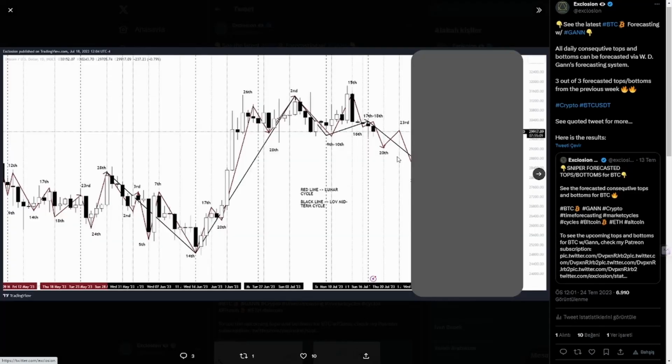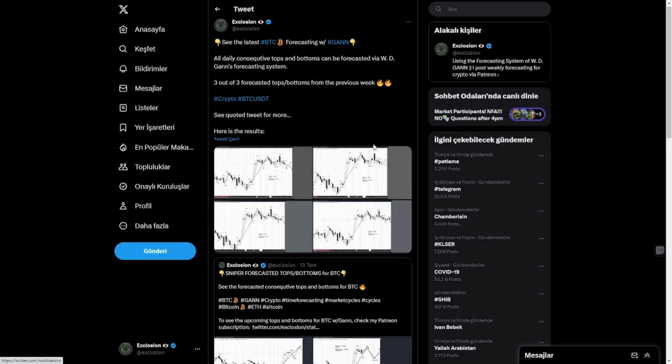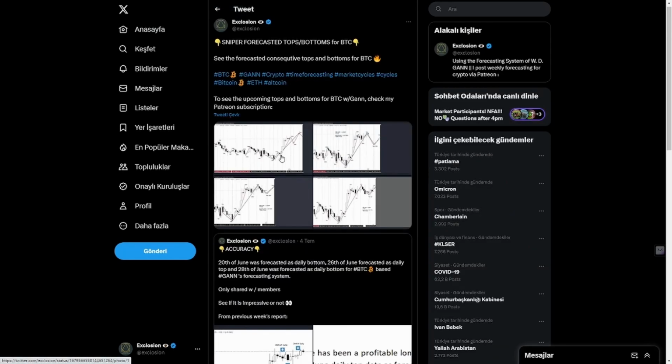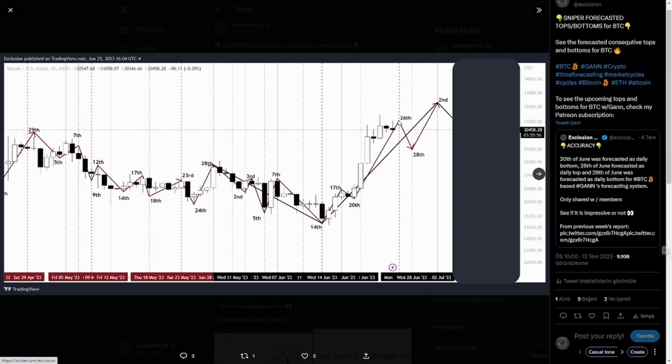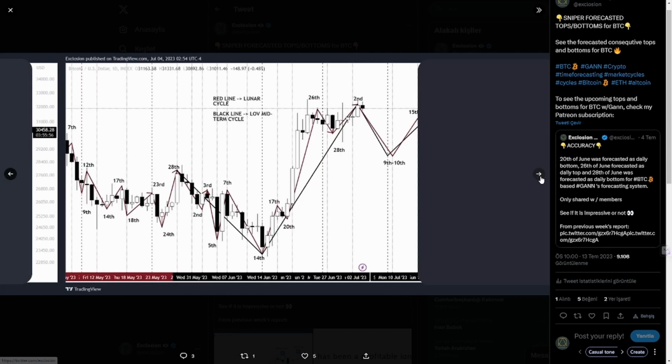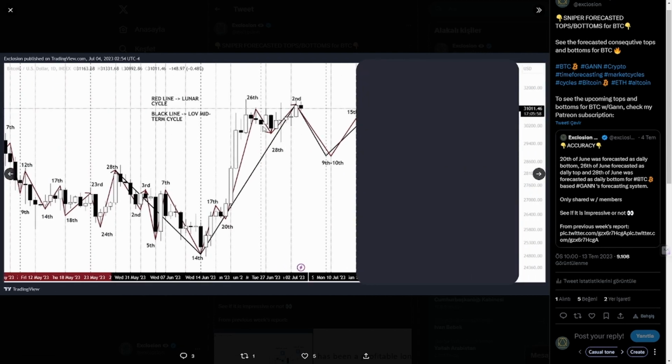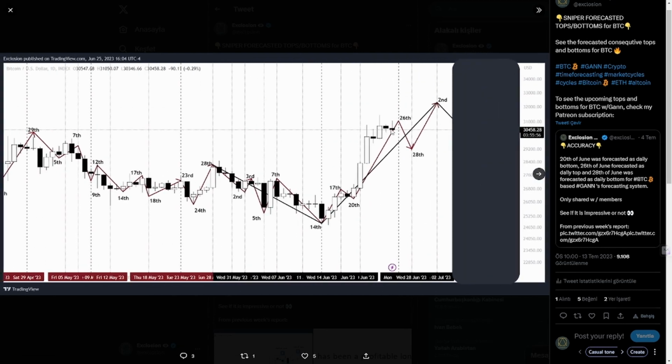And this is another pinned quoted tweet. Let's look at this first. These are the forecasted dates. This is shared with members with the rest of this chart, and you see that this date occurred as a top, bottom, top.